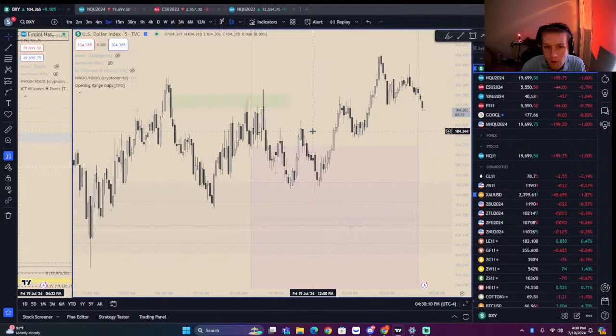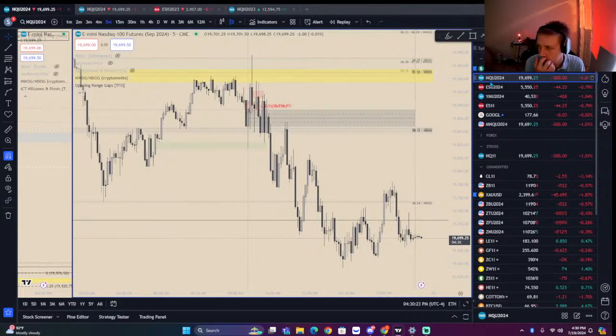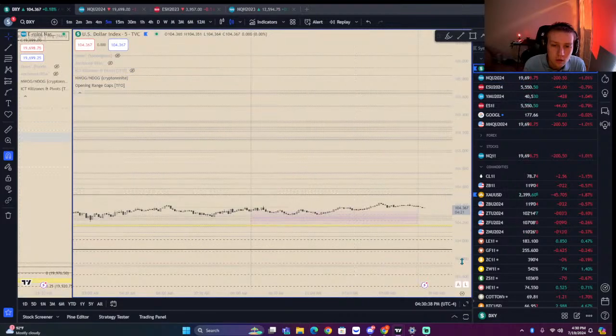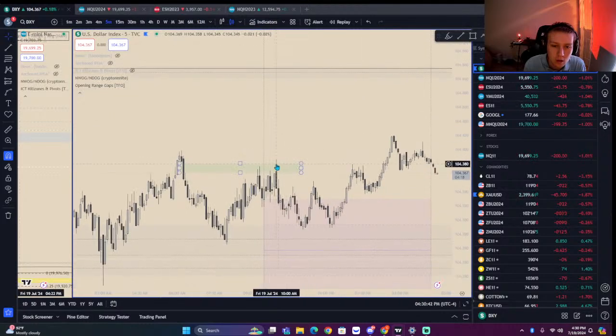Let's look at dollar. Dollar makes a higher high at 10 a.m. 9:20 to 10 is a higher high, so that should be a lower low on indices.